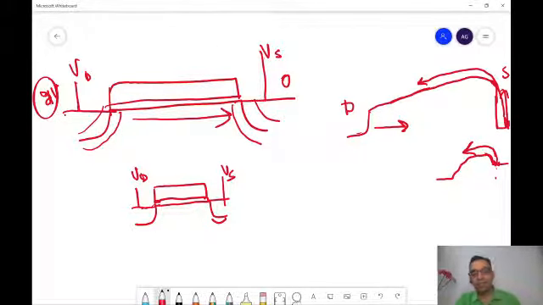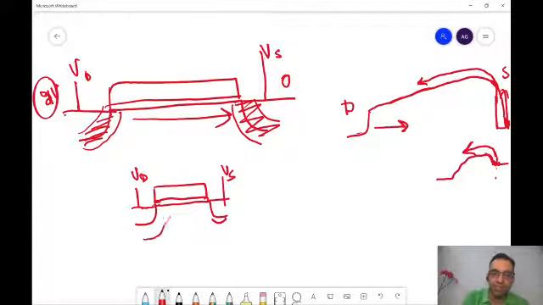This is called drain-induced barrier lowering. This happens because over here we saw that depletion regions were far apart, whereas in short channel devices, depletion regions start to come very close to each other. As they come close, the barrier starts to reduce.